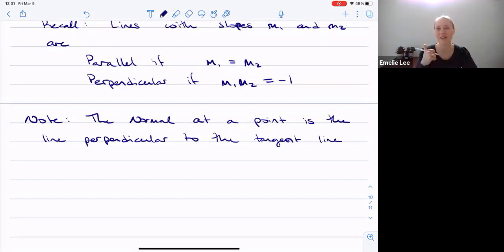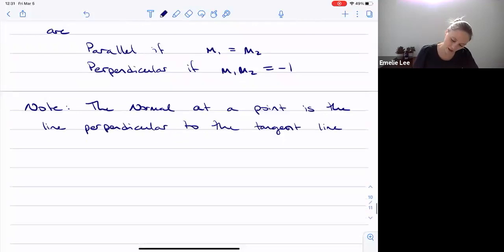So again, we have information about the slope and you have a point, so you can use that point slope form of the line. So the normal line at a point is the line perpendicular to the tangent line at that point.